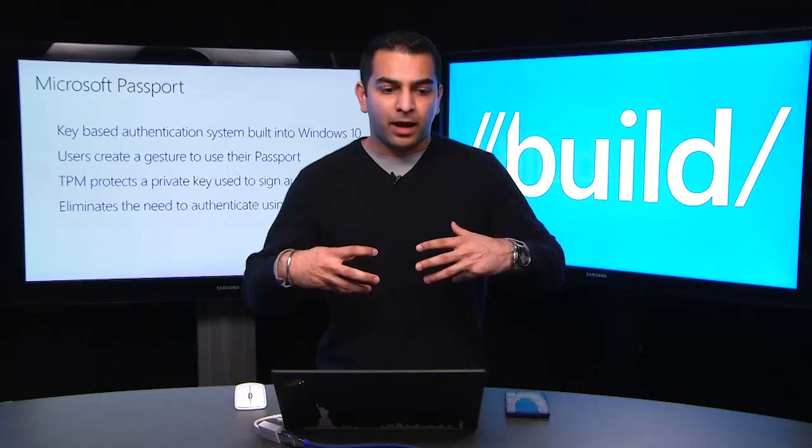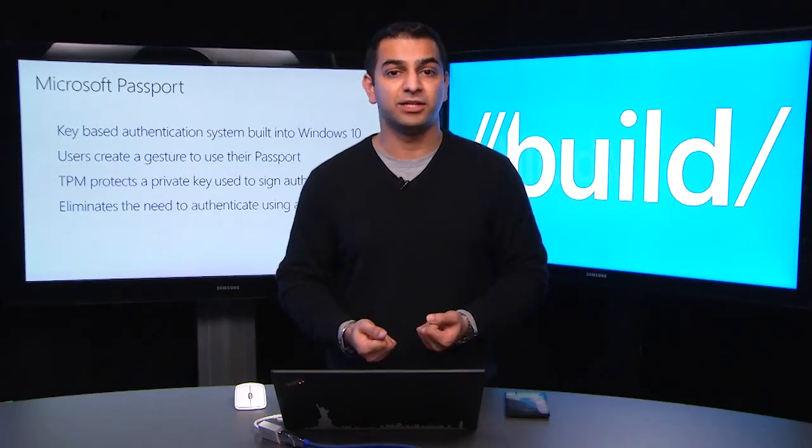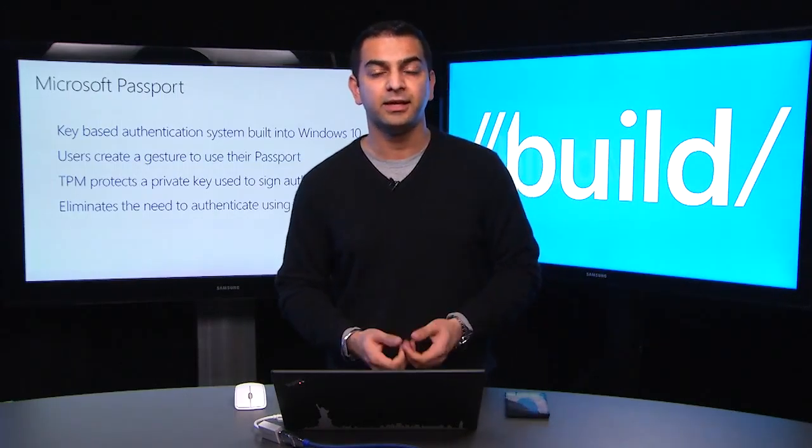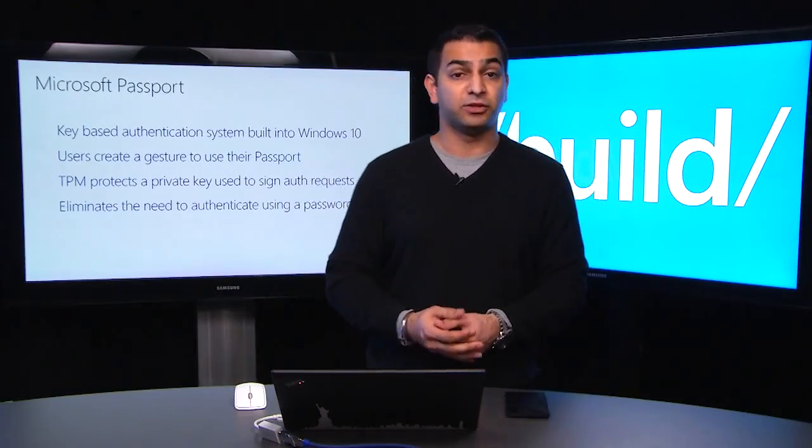So where Hello now comes in is, I mentioned that the private key is stored somewhere securely. Obviously, in order to guarantee security, we make sure that this key is only released after a user has expressed intent and has authorized it.